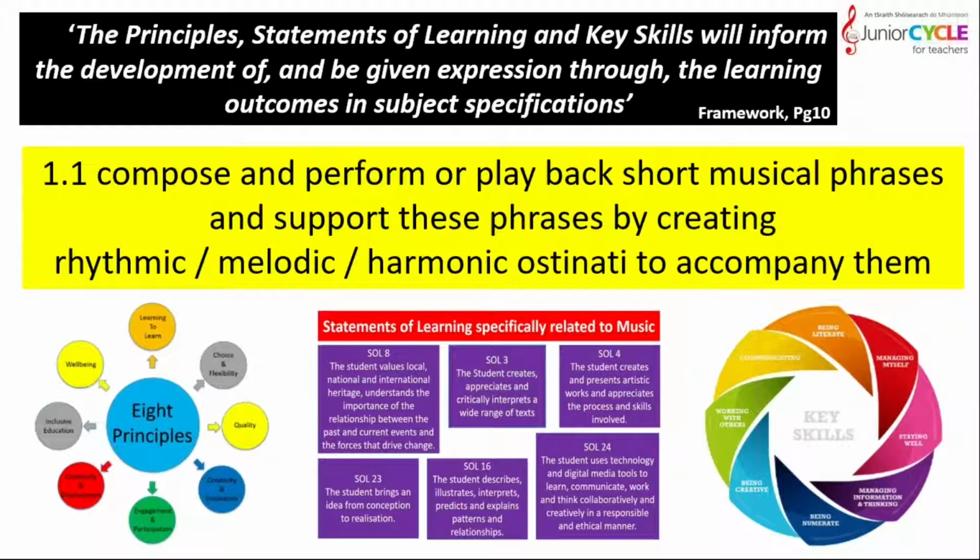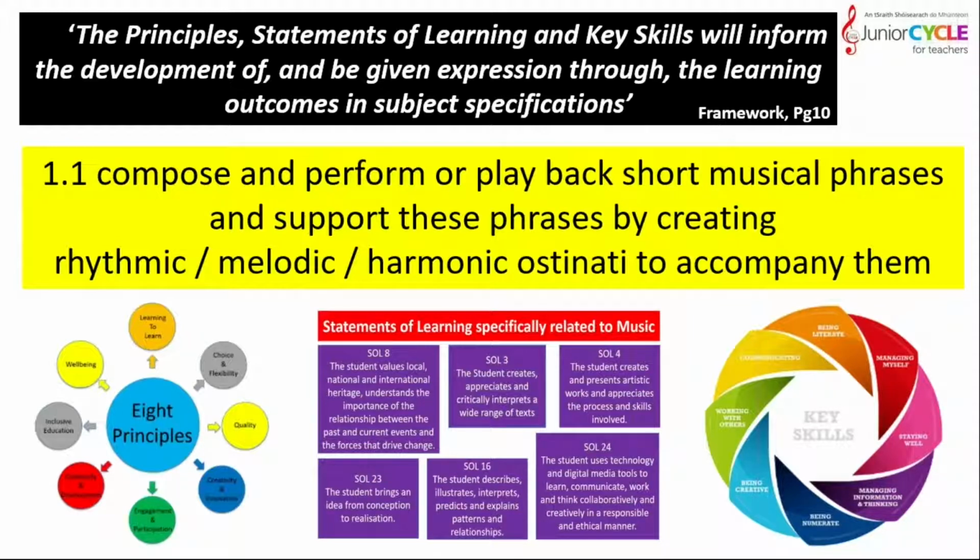With regard to our 6 statements of learning, number 23, the student brings an idea from conception to realization, is very evident, while aspects of number 4, appreciates the process and skills involved, and the numeracy from number 16 are also apparent.